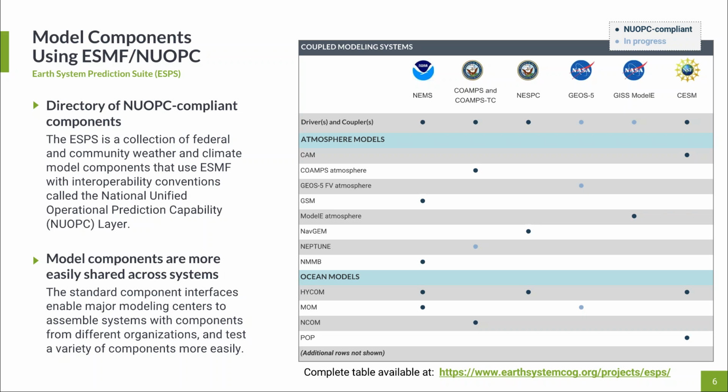And the reason this is an advantage is it allows these components to move more easily between applications. So as an example, the HYCOM ocean model, which is the first item under the ocean models there, has been set up as a NUOPC component, and it's being used in the NOAA NEMS system, the Navy global system, and at NCAR in the CESM climate model. And we're reusing the same coupling interface for all of those.